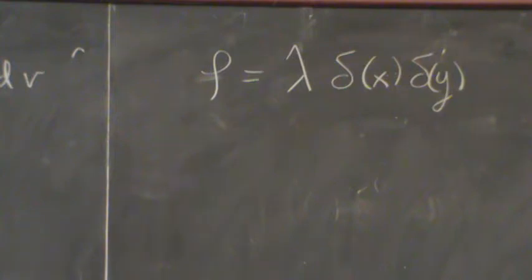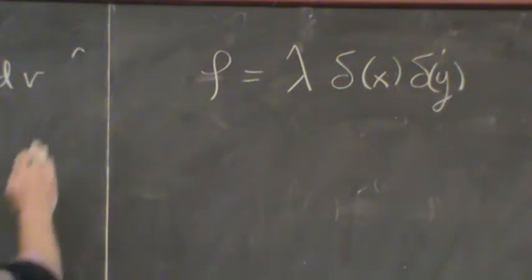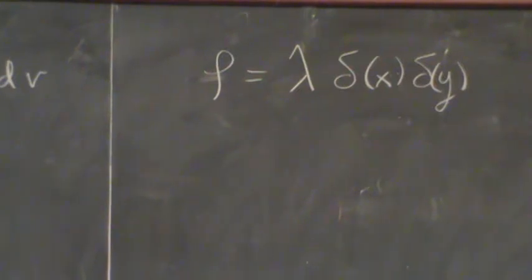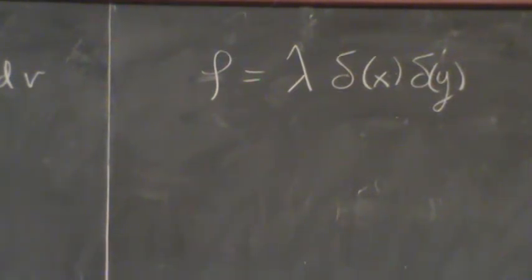Okay, so the reason I took some time out to talk about delta functions was so that I could be a little bit more careful about actually writing Gauss's law and when you actually solve for the electric field.